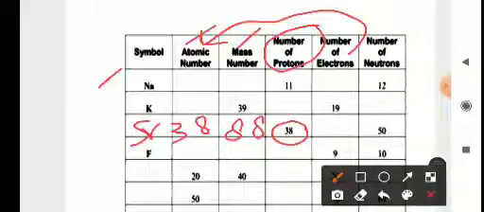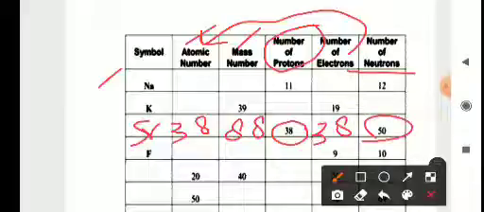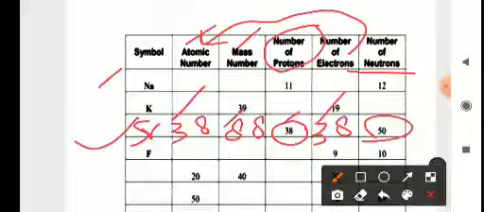The number of protons is 38, and the number of electrons is also 38. Now we will find the number of neutrons: 88 minus 38 gives 50. So the element is strontium, atomic number 38, mass number 88, protons 38, electrons 38, and the number of neutrons is 50.